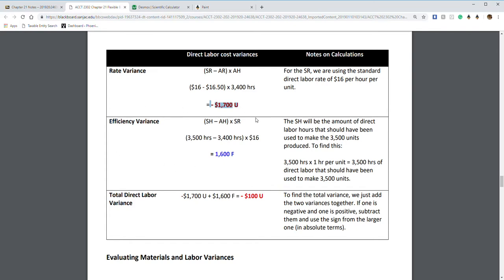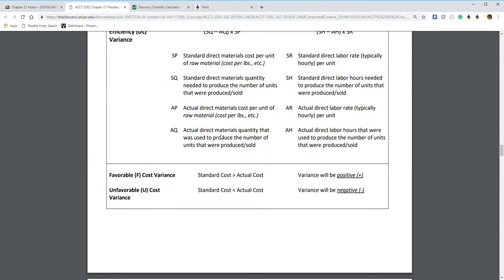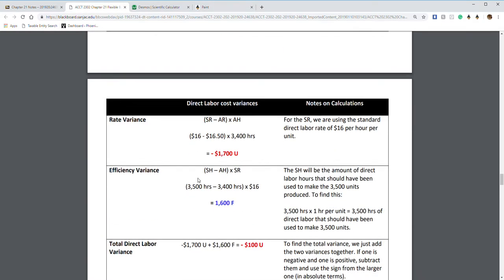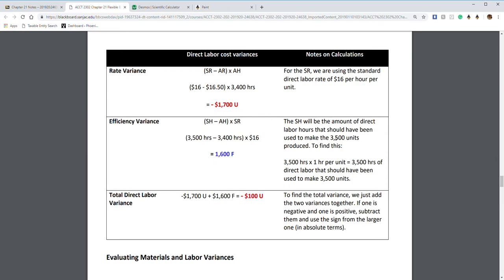Now, efficiency variance. Again, we didn't have the hours. We don't know the standard hours, so we're going to have to figure those out. And looking up here, it says it takes 1 hour per unit. So we have to take 1 hour times the 3,500 units that we actually produced. And we come out to 3,500 hours.